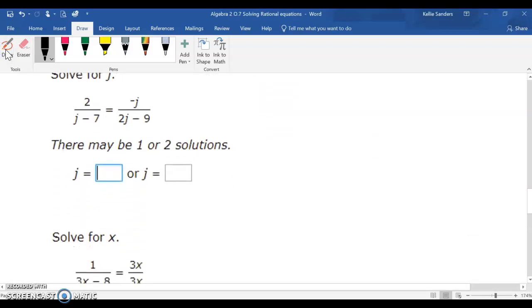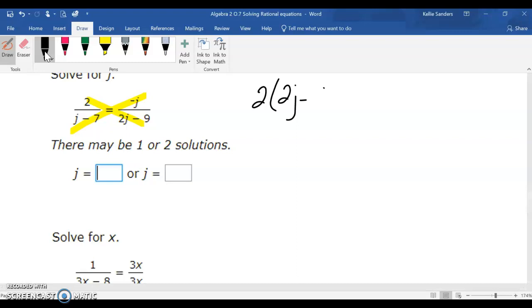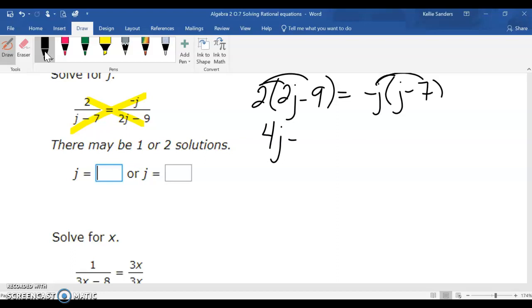Cross multiply. 2 times 2j minus 9 equals negative j times j minus 7. Distribute: 4j minus 18 equals negative j squared plus 7j.